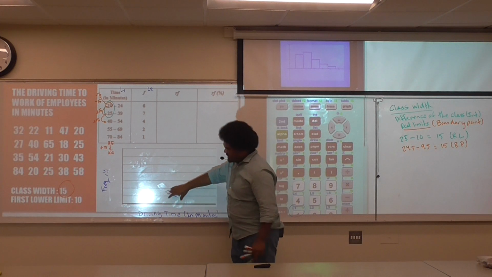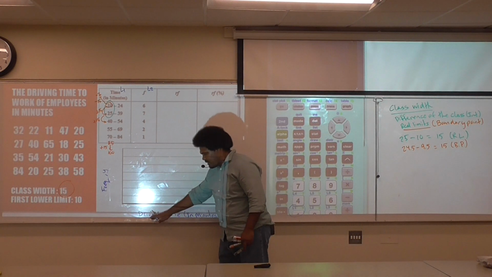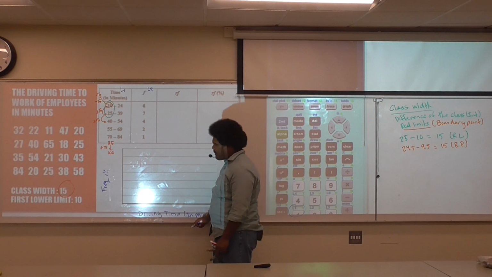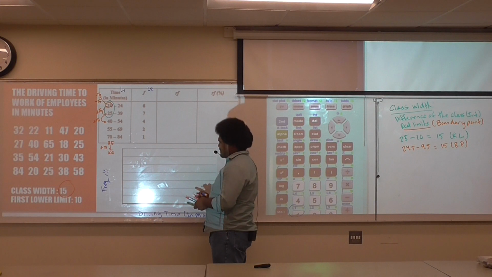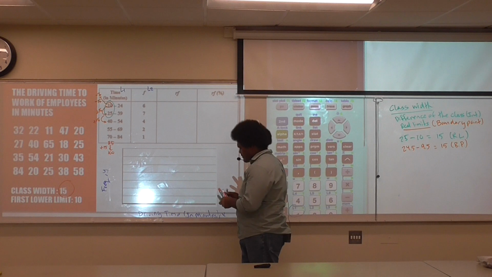And so we could even put the title to be driving time, and then we just write the minutes here and we know what we're talking about. But this right here is what your x is.